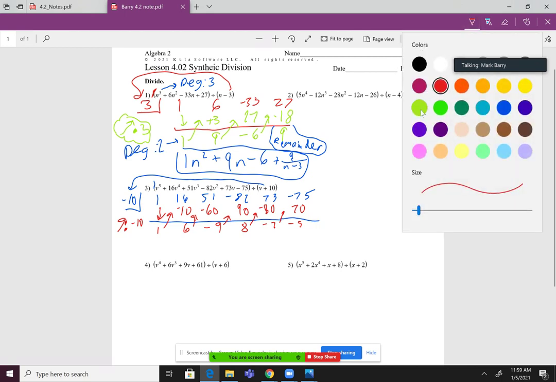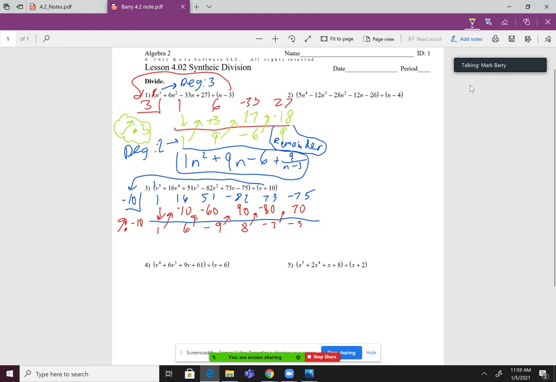All right, last step is just to interpret our answers. So this one started off as degree 5, which means if I decrease that by 1, this one's going to be degree 4. So it always drops by 1 degree. So this one is going to be 1v to the 4th, or I'm just going to write v to the 4th, plus 6v to the 3rd, minus 9v squared.